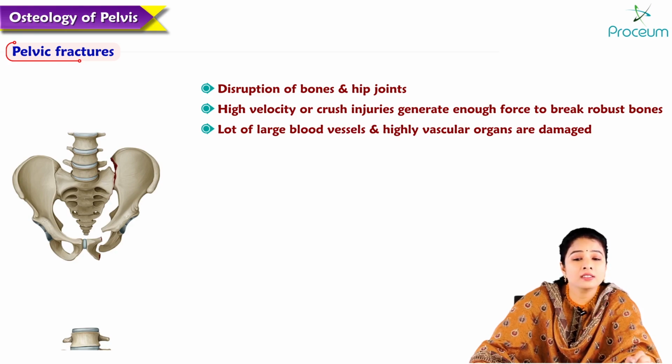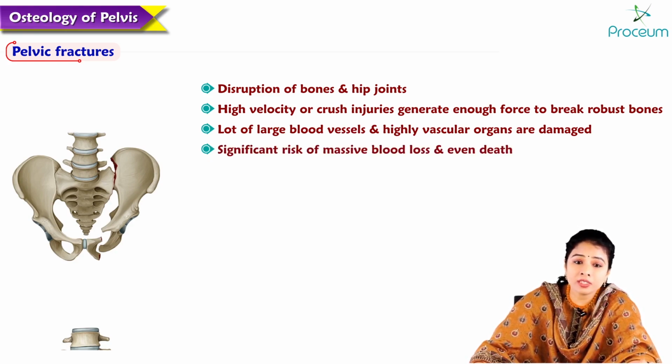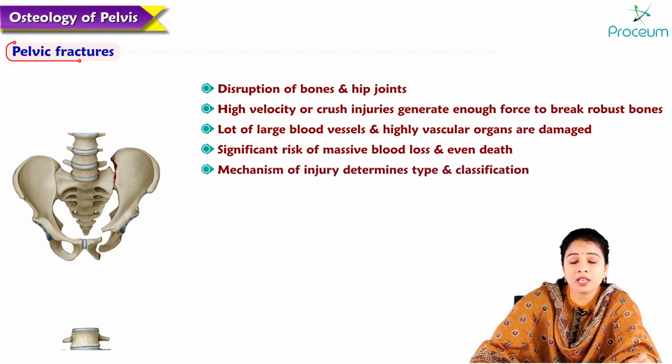As a result, there is a significant risk of massive blood loss and even death if these life-threatening emergencies are not addressed immediately. So the mechanism of injury will determine the type and classification of pelvic fracture.